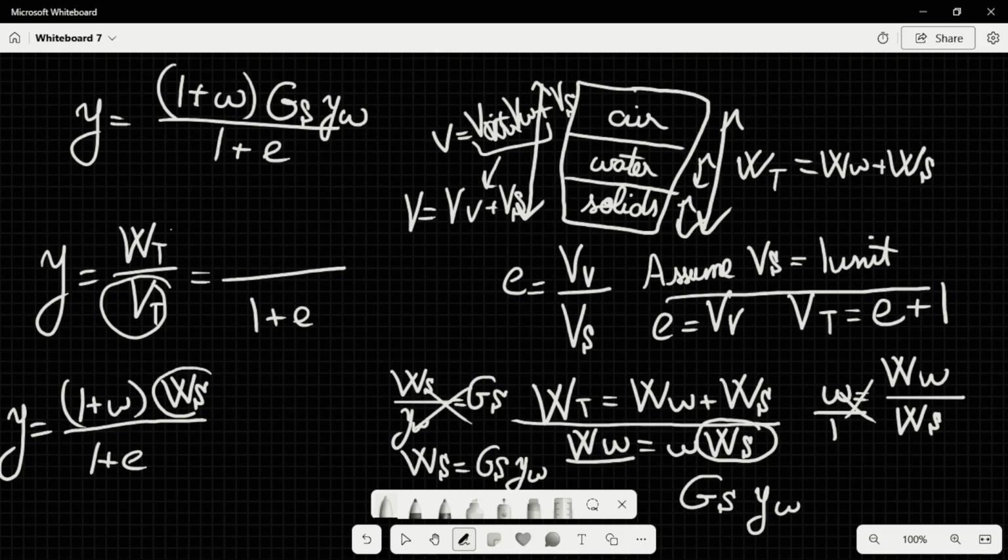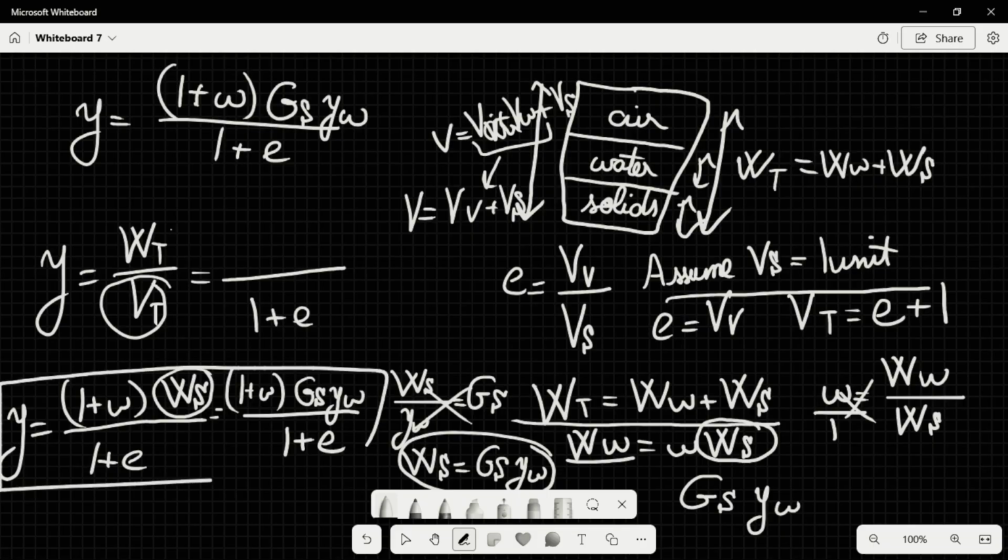And since we proved that the weight of solids is equal to GS times gamma water, we can now replace it, giving 1 plus omega times gamma water times GS over 1 plus E, proving our first formula.